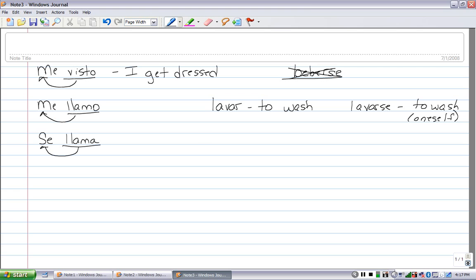Alright, let me give you an example sentence. If you say, I wash the car, the action of the verb wash goes to the object car, because you're washing the car, you're not washing any part of your own body. So that sentence would just be yo lavo el carro.